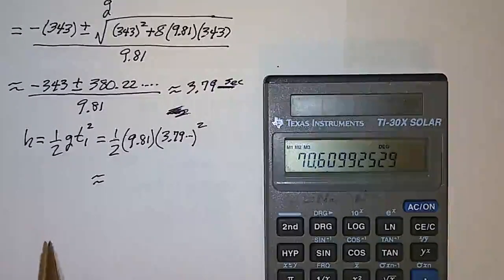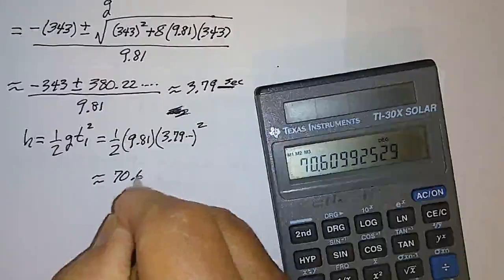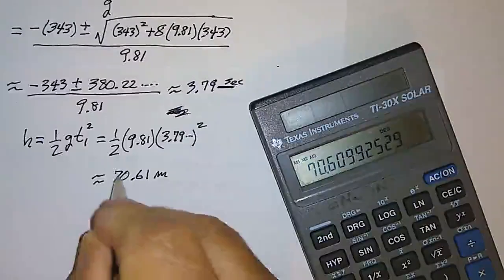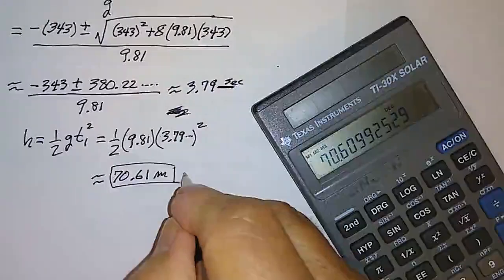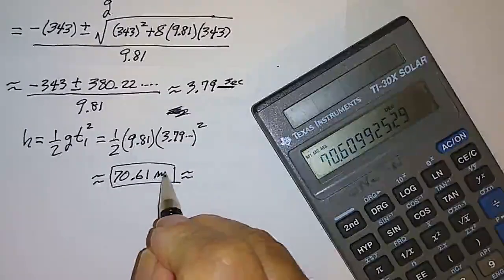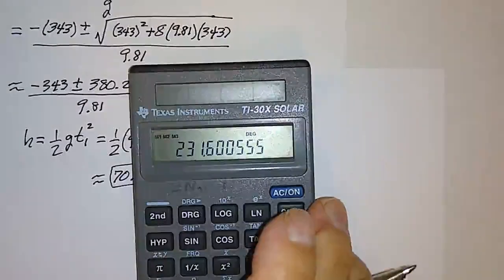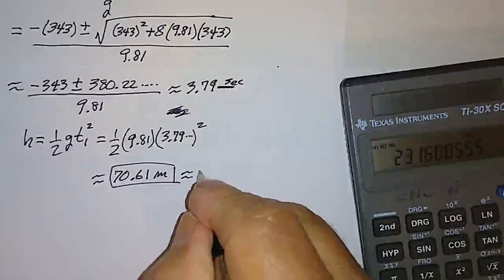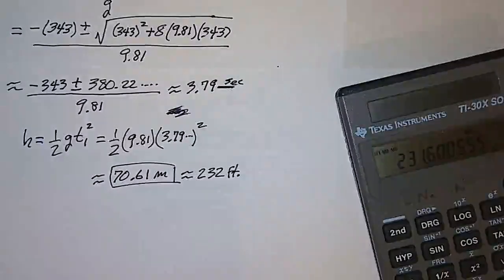Let's call that approximately 70.61 meters. And that's the answer. And that's about equal to, using 3.28 feet per meter, let's multiply this times 3.28, and that's about 232 feet, approximately 232 feet. That's a fairly deep well.